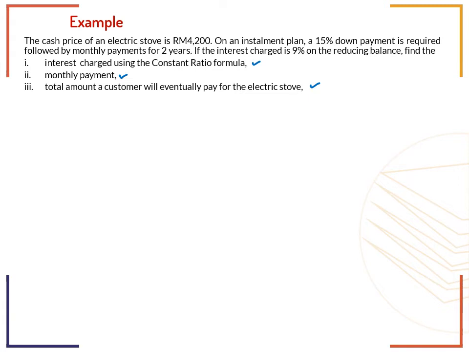First of all, identify all the important values. 4,200 here is considered as the cash price. 15% here is the rate of down payment. M is 12 due to monthly payments. T equals 2 and R equals 0.09.